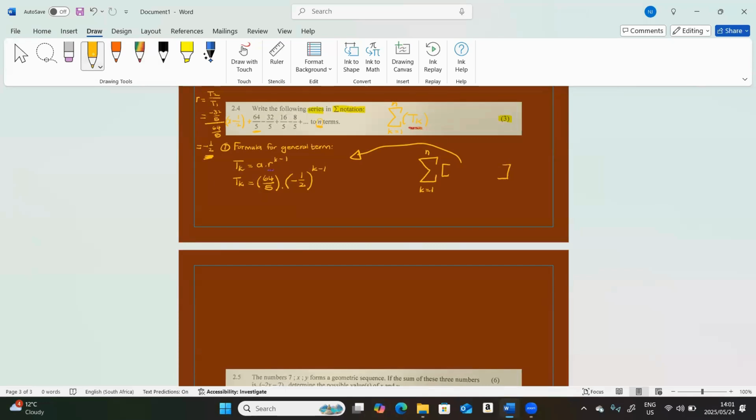You can just go and say that your term k equals bracket 64 over 5, close your bracket, times another bracket, negative a half, close your bracket, and that is to the power of k minus 1. Okay, can you see? This is how easy sigma notation is.